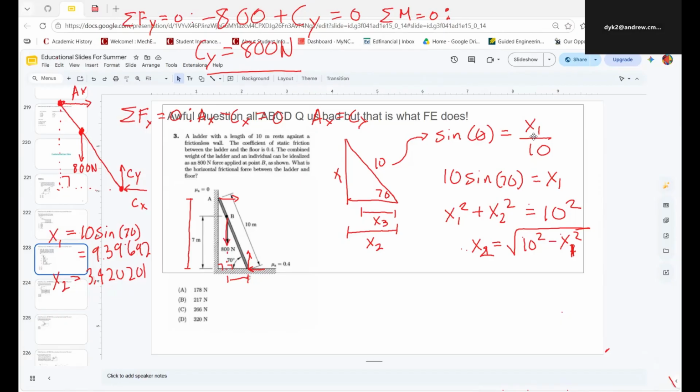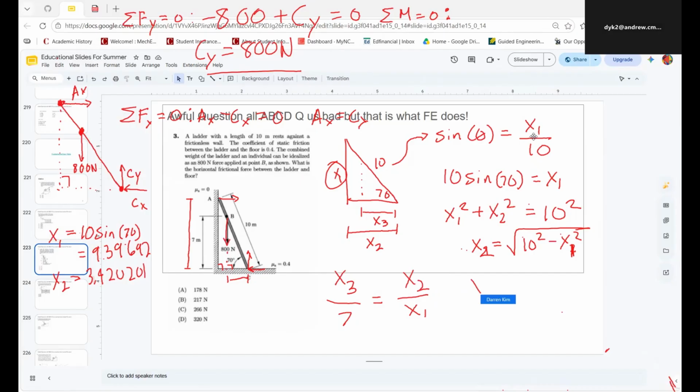Then we need x3. Here we can do similar triangle analysis, with 10, 1, and 7. We look at what this ratio is. What we're trying to figure out is x3, so we should put x3 at the top to make it easier. The ratio we're looking for is x3 over 7, and 7 is a ratio to x1, and x1 is a ratio to x2.